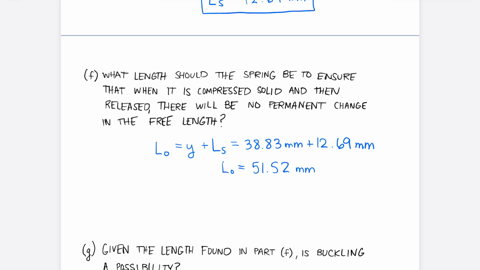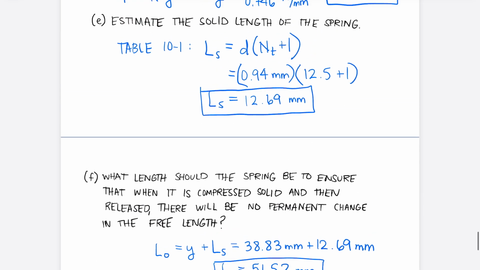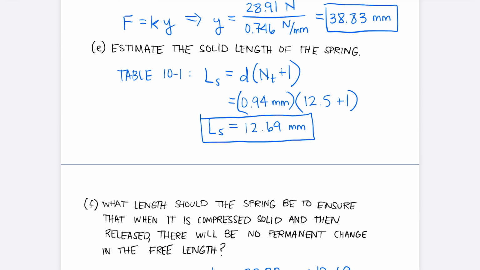So as long as the free length of our spring is 51.52 millimeters or less, when we apply this load, we will reach the solid length of the spring before we reach the yield strength of the material, meaning that there will be no permanent change in the free length.